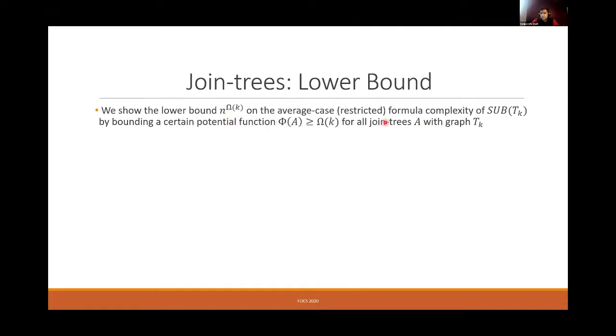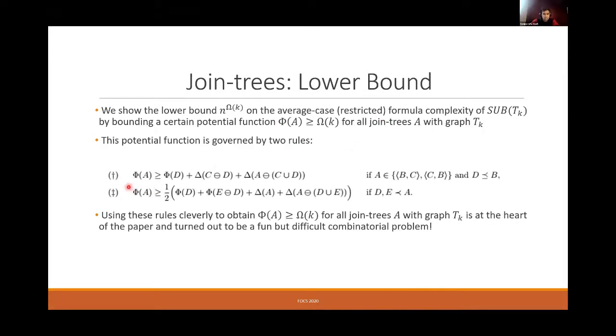This phi is defined on all joint trees, using a couple of rules. The whole game is to use these two rules to obtain a linear lower bound for all joint trees. This was really the fun part, because at this point we've abstracted out all the formula complexity details, and now the proof becomes entirely combinatorial.